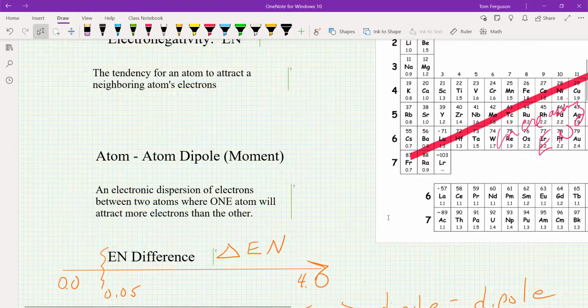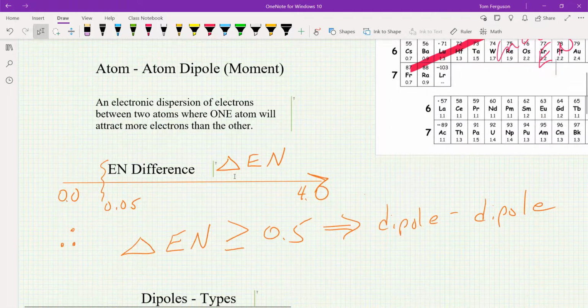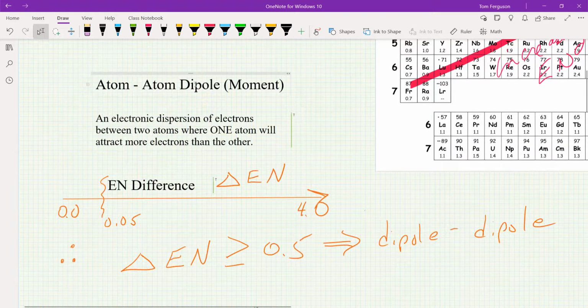In fact, you have something called the electronegativity difference, and that creates something called a moment or a dipole moment. What that means is there's a skewed attraction of electrons to one of the atoms more so than the other.